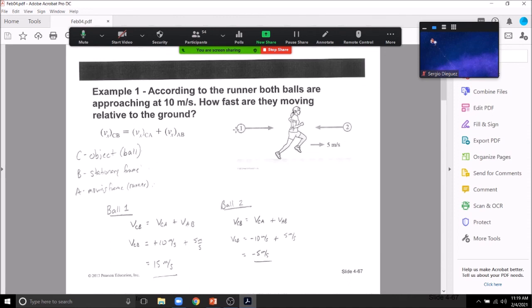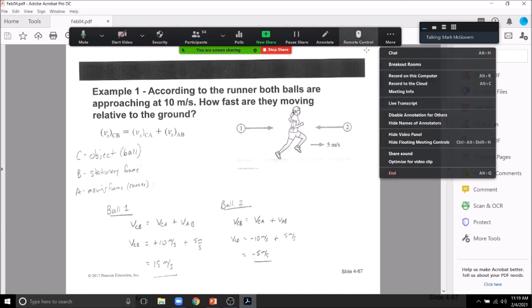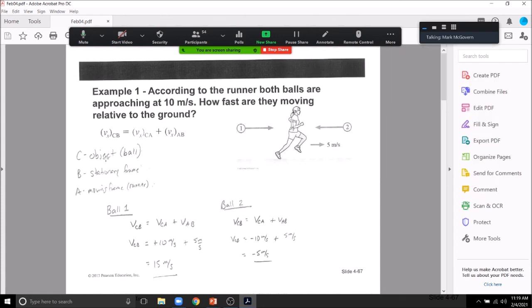I have an organization here that I highly recommend to you. You want to write the equation out, and then you want to properly identify what A, B, and C are going to be. Now, C is always the object that we're trying to observe. And that would be, in this case, one of the balls.